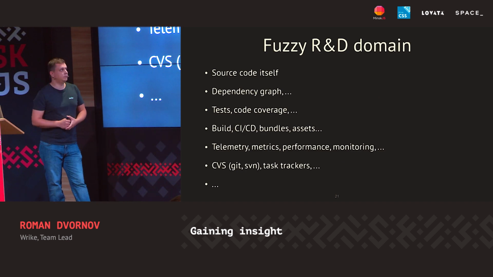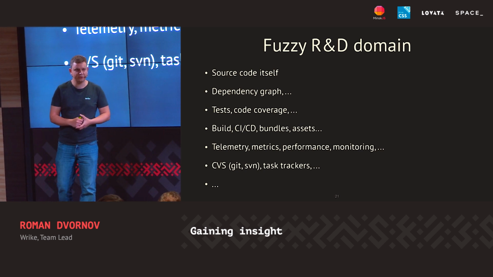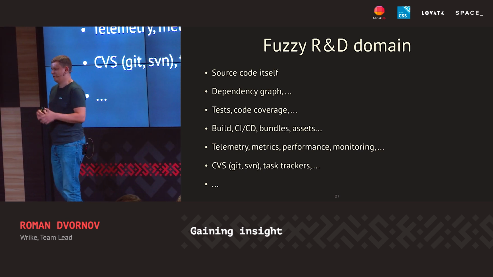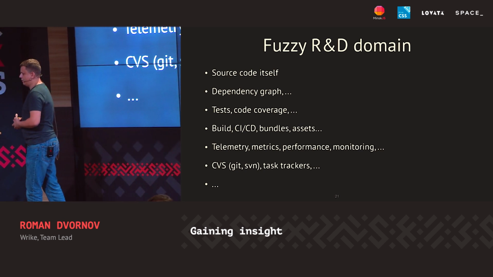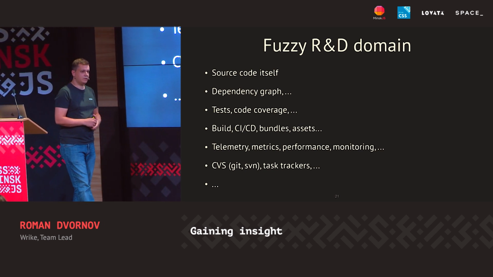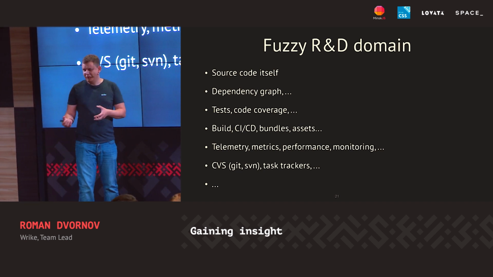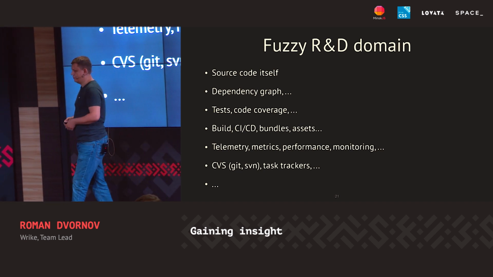And if we take a look at the fuzzy R&D domain, there are many fields where we can find something. For example, it's dependency graph, it's a build, it's performance, it's version control systems, and so on.